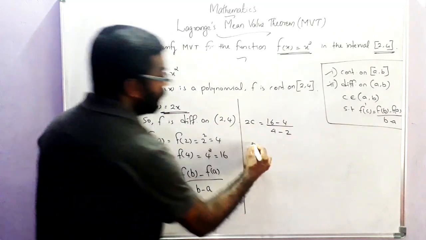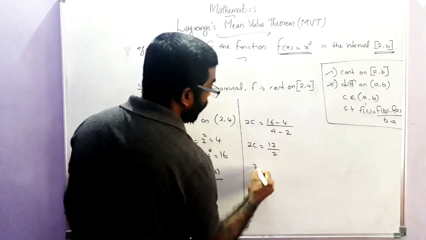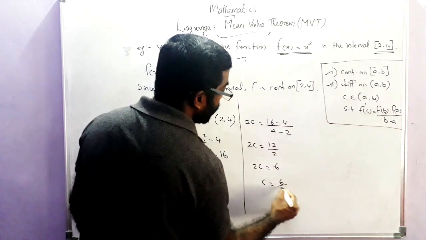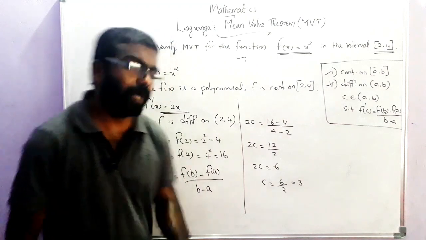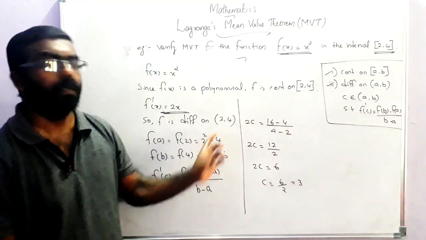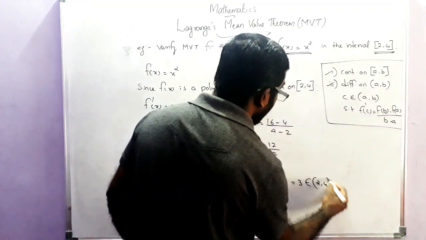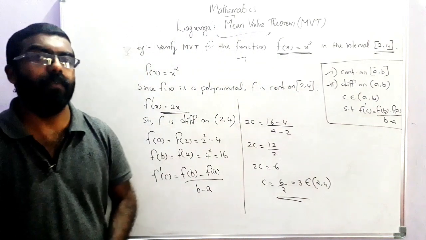So 2c is equal to 16 minus 4 is 12, 12 by 2. 2c is equal to 6, or c is equal to 6 by 2, which is equal to 3. Now we have to check whether this number belongs to the open interval (2, 4). Clearly 3 belongs to the open interval (2, 4), and hence mean value theorem is verified.